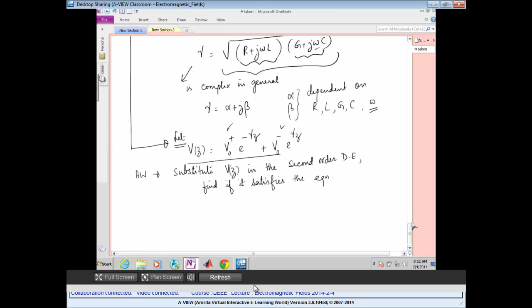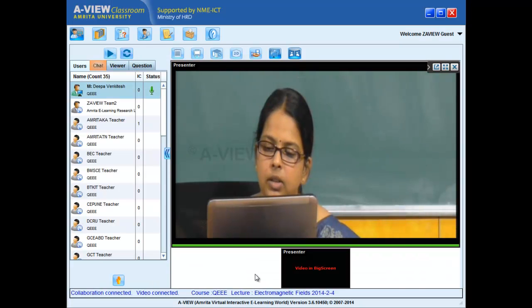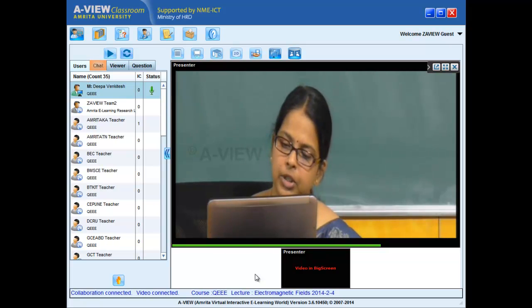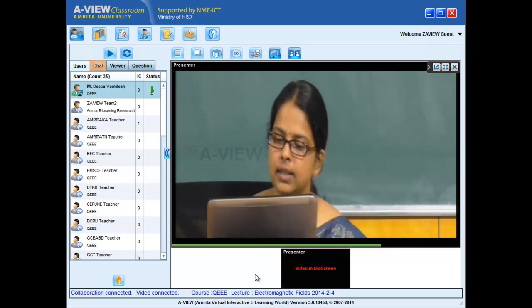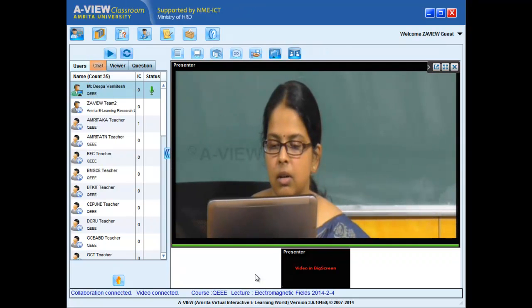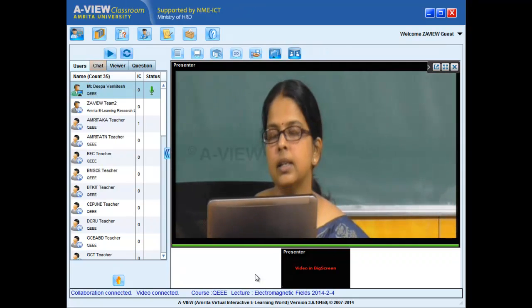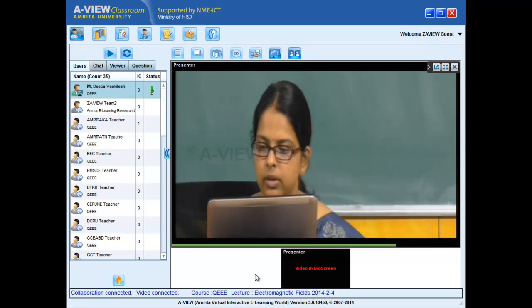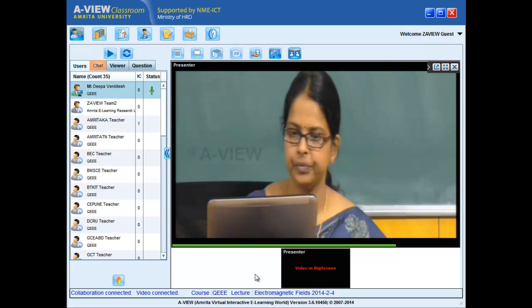Once we have figured out that it's satisfying, then we can assume that this is the solution. So the homework is to prove for yourself whether the suggested solution satisfies the differential equation, and then we can see why I put this plus and minus. Do not worry about that right now. We will figure out the physical interpretation of the plus and minus in the next class on Tuesday.